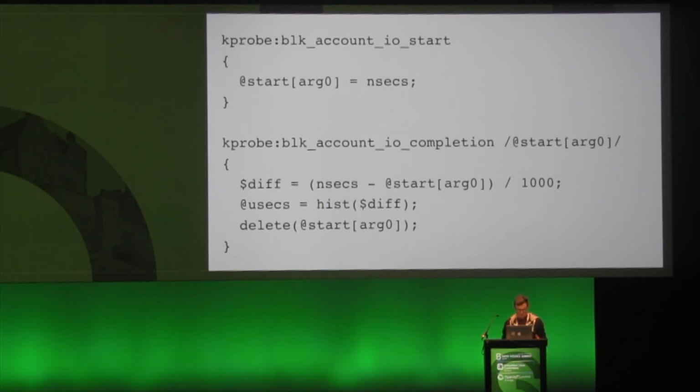So I'll just give a quick walkthrough of how this works. First of all, we attach to block_io_start and just record the start timestamp. Then at block_io_done, we have a predicate first of all to ensure that we have recorded the start time. It's just an example check.